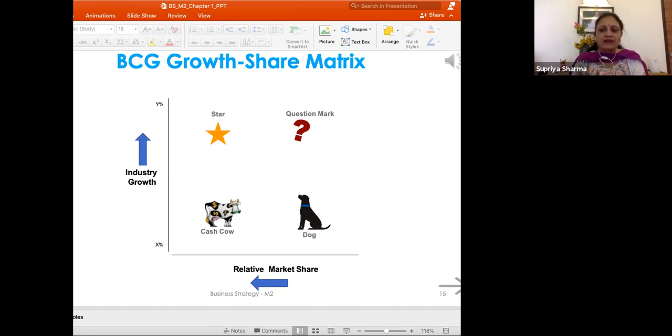Else, they will have to go for a retrenchment strategy. So here there is a question mark. What do I want to do? I need to understand my viability. I need to check my resources. I need to see whether I want to go ahead with the expansion or the retrenchment. There is a question mark because it will need a lot of attention. This is my child which needs a lot of attention.